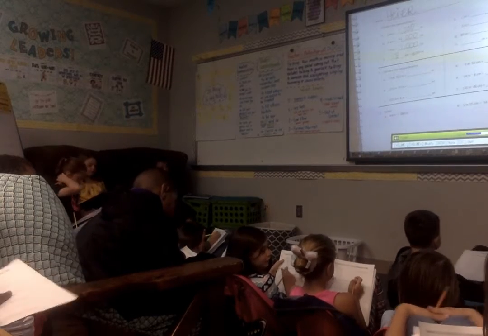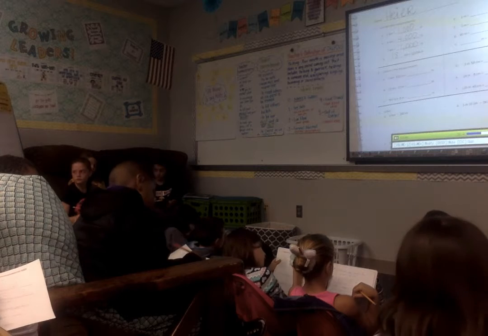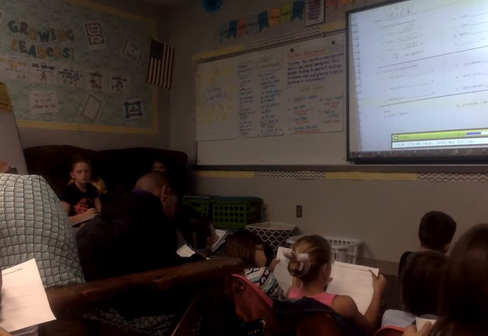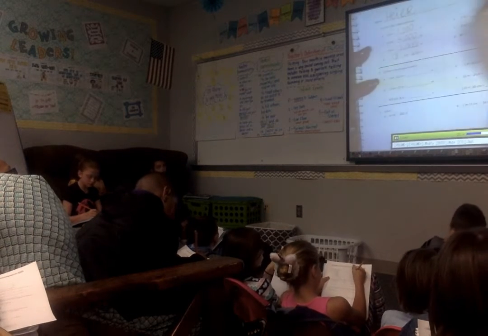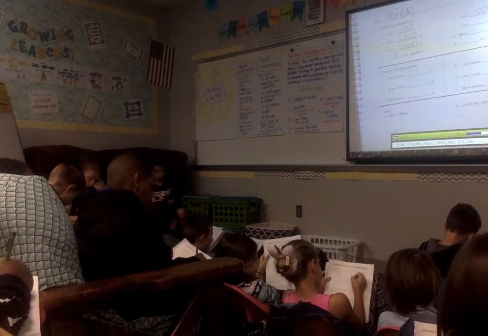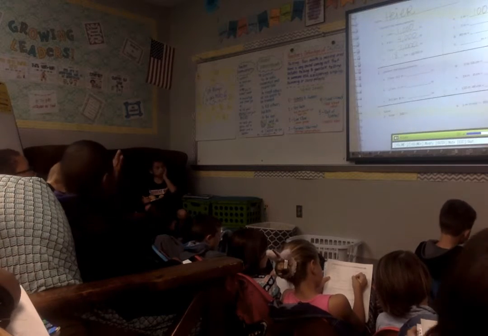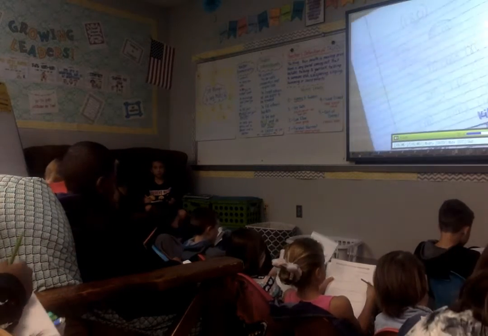We have 1 meter, and we're looking for centimeters. Guys, how many centimeters are in 1 meter? 100. Centi means 100 as well. So we can write that in our chart.